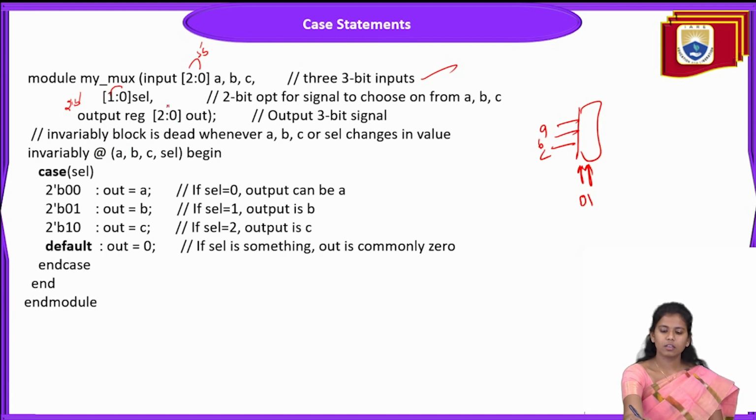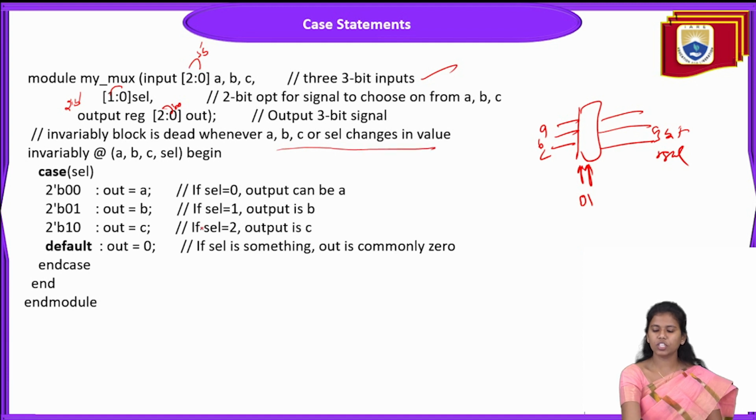So the output is a 3-bit signal. I must get the 3-bit signal. The always block is triggered whenever A, B, C or the selection line changes in value.